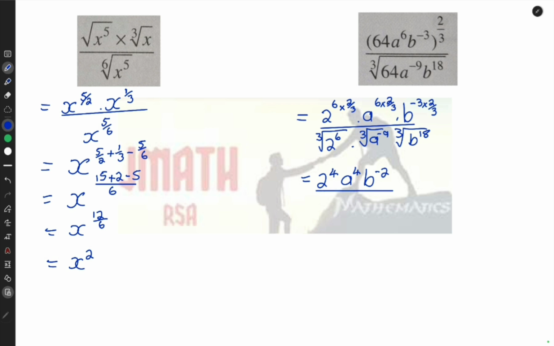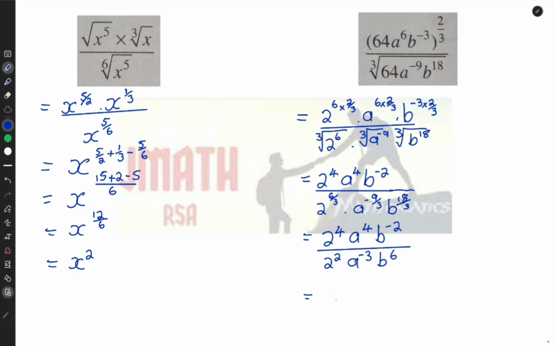So remember our rule, when we have exponents on the inside and the outside, the inside one goes on the top, and the bottom is the outside exponent. So a to the power minus 9 over 3, and then b to the power 18 over 3. I can then simplify that as 2 to the power 4, a to the power 4, b to the power minus 2, all over 2 to the power 2, a to the power minus 3, and then b to the power 6.